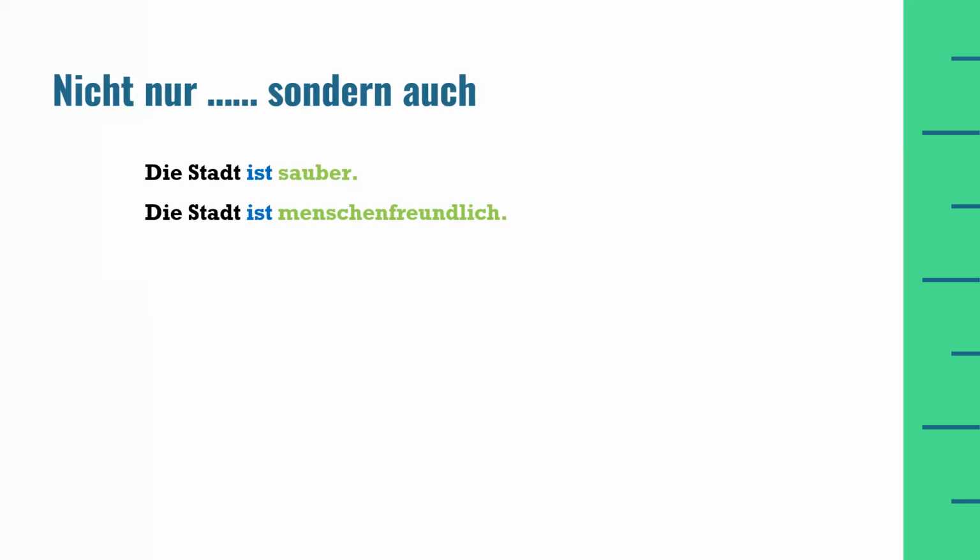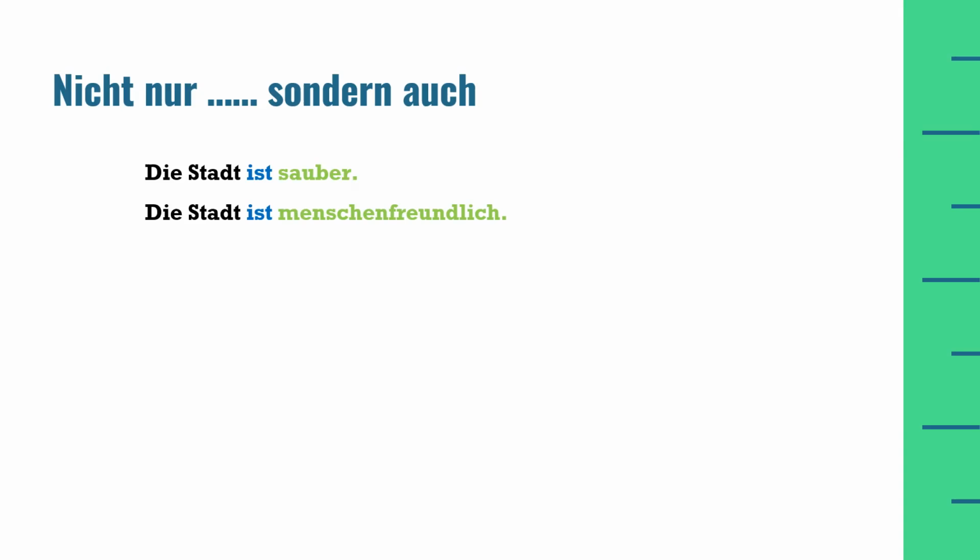So these are two sentences where the subject is same. The subject in both sentences is die Stadt, and the verb is also same. So we have used sein verb and we have conjugated it according to the subject die Stadt, and it is ist. So in both sentences we have used same subject and same verb.